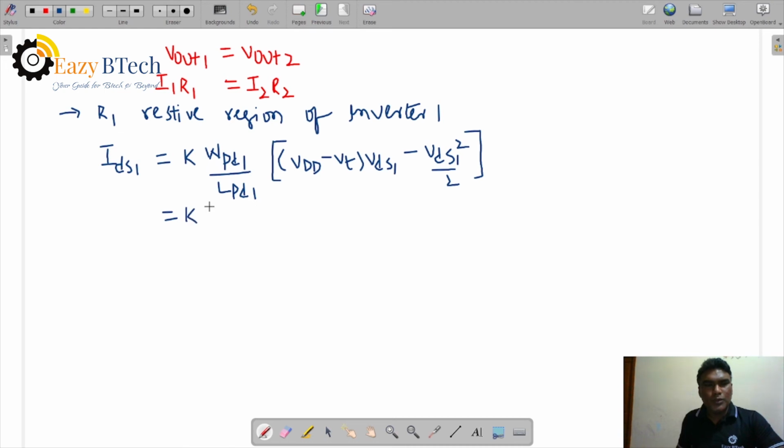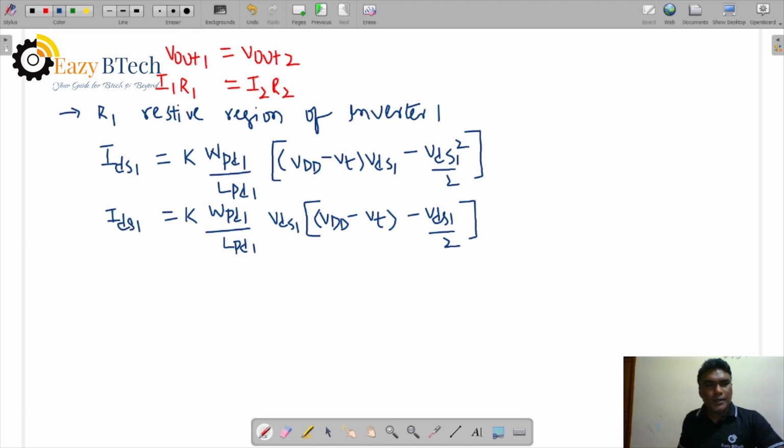So K into W pull down 1 by length pull down 1. VDS1 is taken common. VDS1 into VDD minus VT minus VDS1 by 2. This is IDS1.